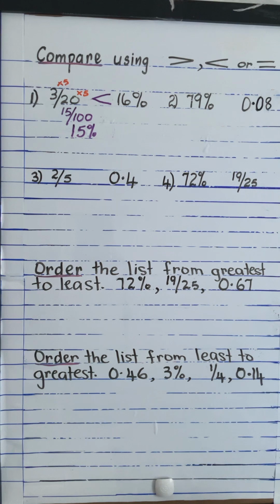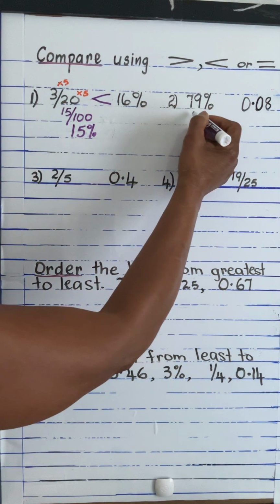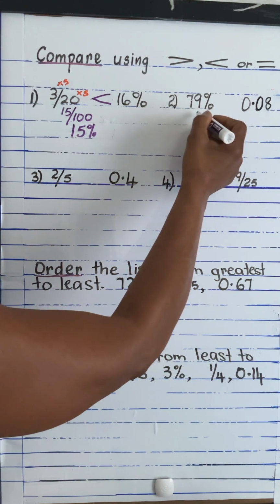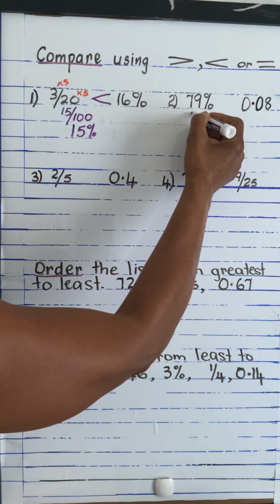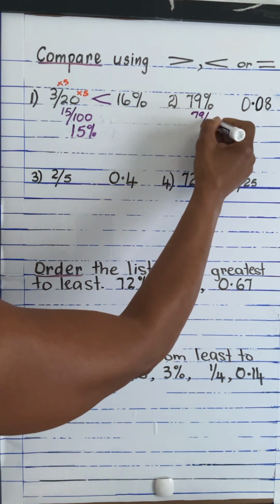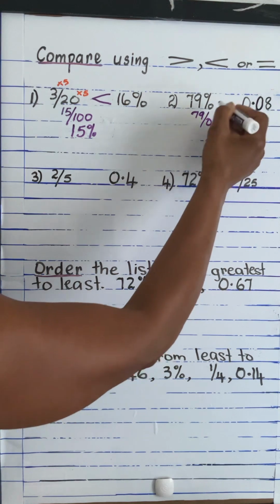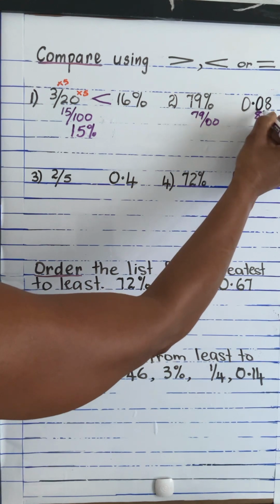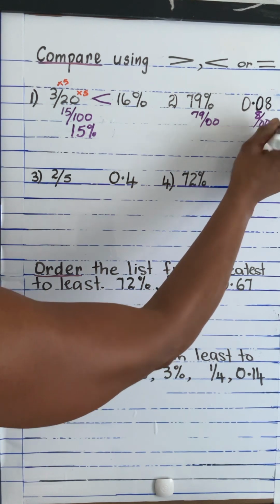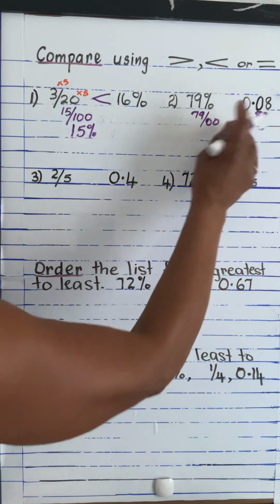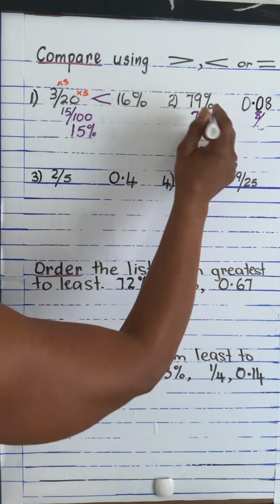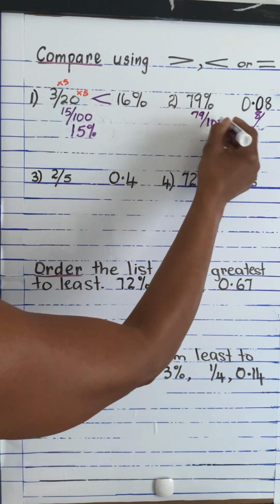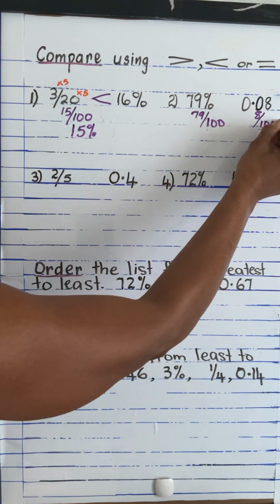Next, 79% and 0.08. So 79% means 79 over 100, and 0.08 is 8 over 100.